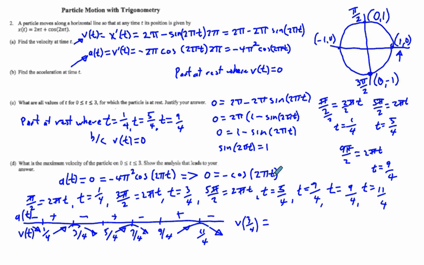Well, it's equal to what we have up here, 2 pi minus sine of 2 pi times 3/4, which is 2 pi minus sine of, this simplifies to 3 pi over 2.